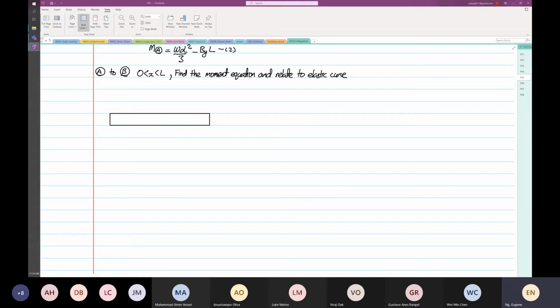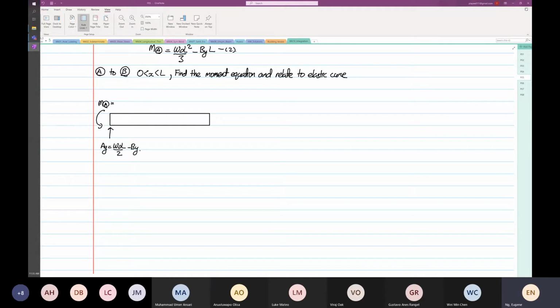So we know that over here we have a moment, and then over here we have our Ay, By. Ay is equal to ω₀L over 2 minus By, because we want to find what is By, yes or no?